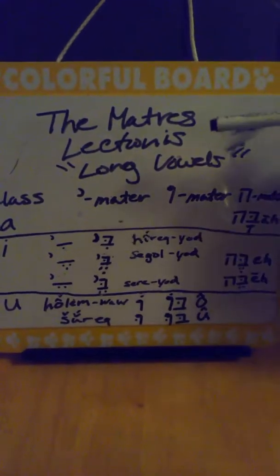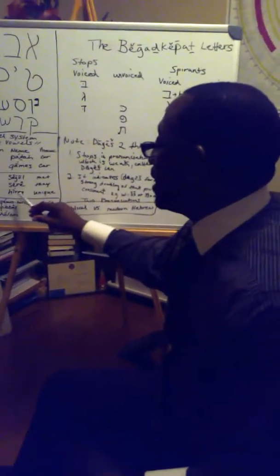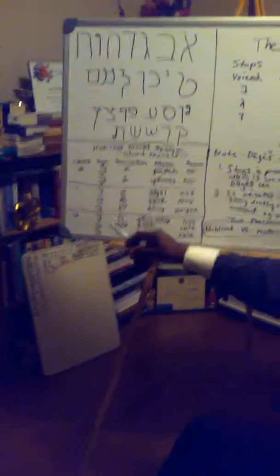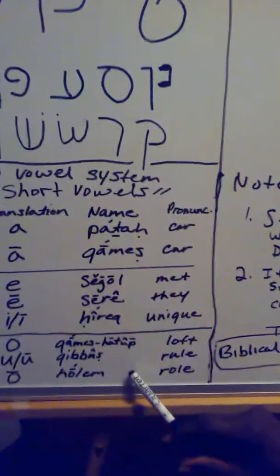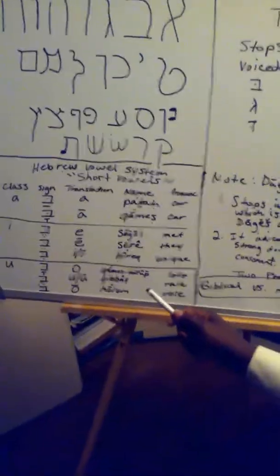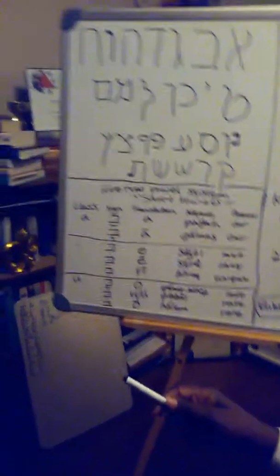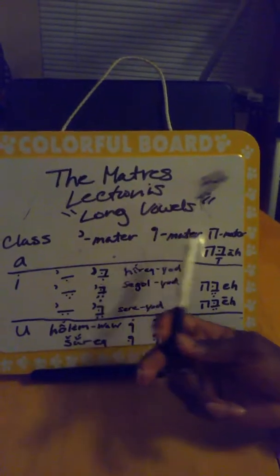So again, we have long vowels, as you can see with the matres lectionis, and we also have the short vowels, as you can see, with the patah, the kamez, the segol, the tsere, the hireq, and then we have the U vowels, which is the what? Kamez hatuf, the qibbuts, and the holam. But when I get to the long vowels, I'm going to combine each of these with the consonant yod, and also the vav and the hey.